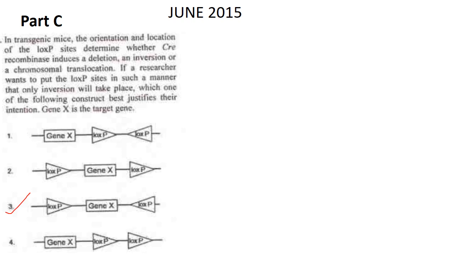So here, in the first option, gene X is not flanked by the LOXP site, so that is not possible. In the next one, the LOXP sites are in the opposite direction, and in the third one, the LOXP sites are in the same direction. So the answer here is option 3.